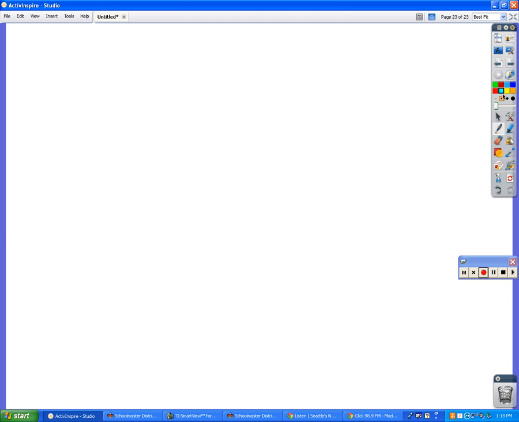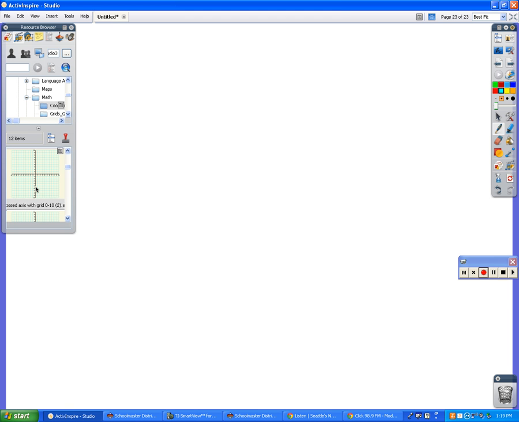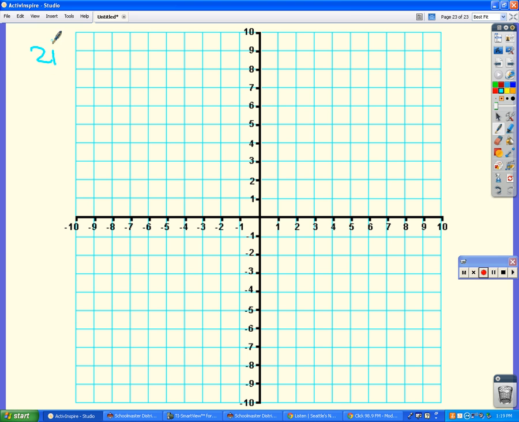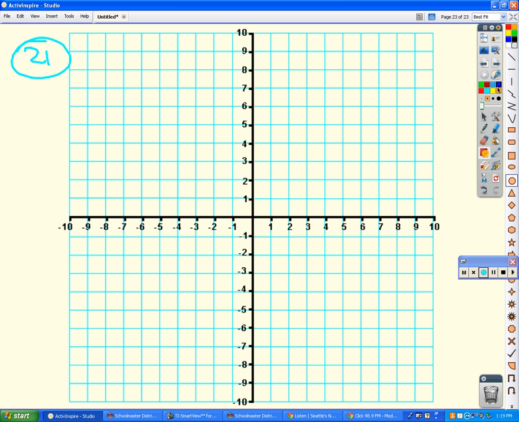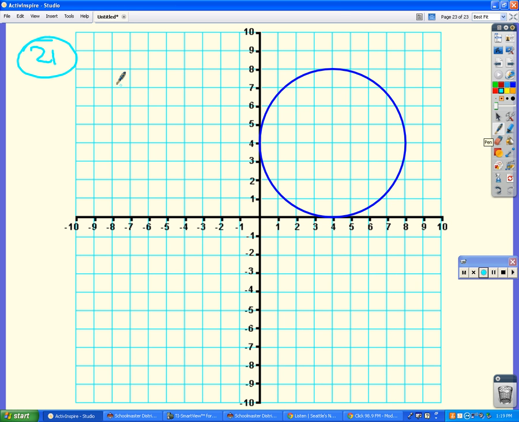All right, and then let's try one more. So on 21, we are starting with a circle again. And this one is up in the corner there, so we are starting here and going down there. All right, and now my transformation is to take the x and the y, and we are going to double all of the x's and keep the y's the same.